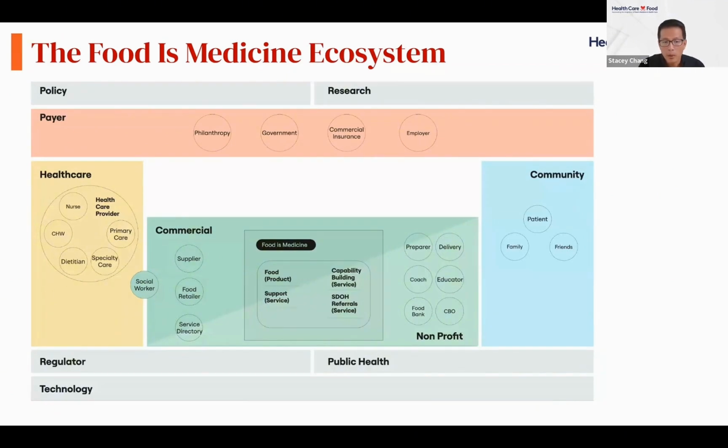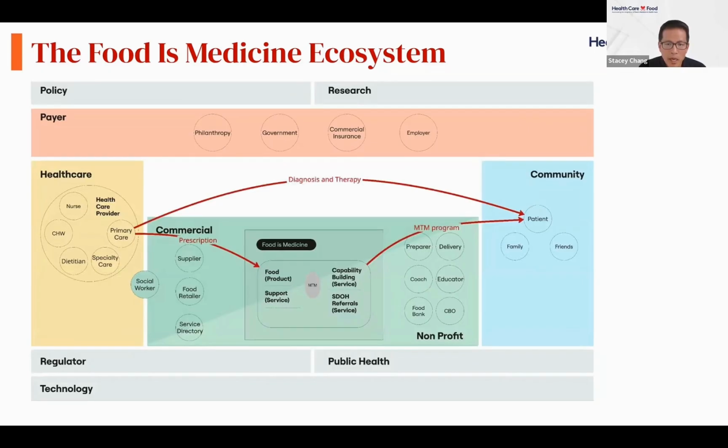And then finally, in the gray boxes surrounding these fields, you find stakeholders in gray: policy, research, regulators, public health, and technology. They all play influential roles in setting rules, developing evidence, enforcing, communicating, and enabling the broader food as medicine system.